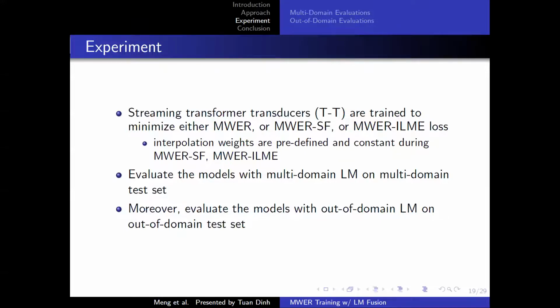Language model interpolation weights are predefined during this training and kept constant. The authors evaluate their methods with a multi-domain language model on multi-domain datasets. Moreover, the authors evaluate the models with an out-domain language model on out-domain datasets.